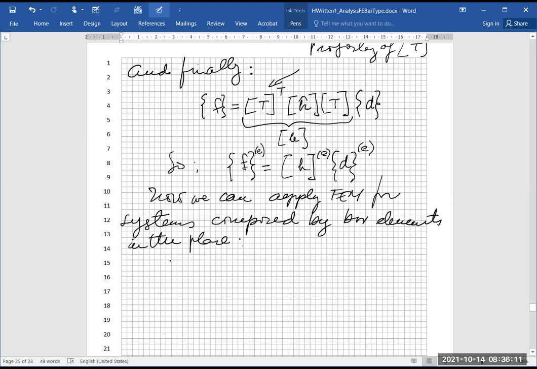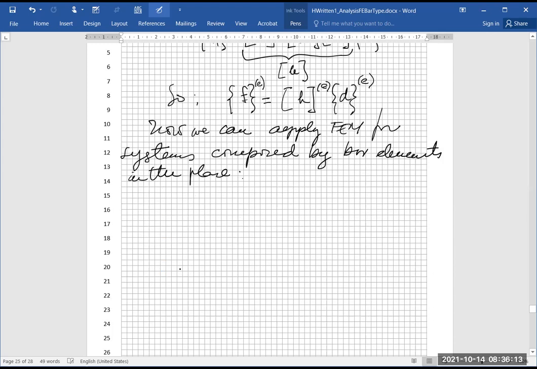So for example, the simplest case, let's suppose that we have something like this, and like that.